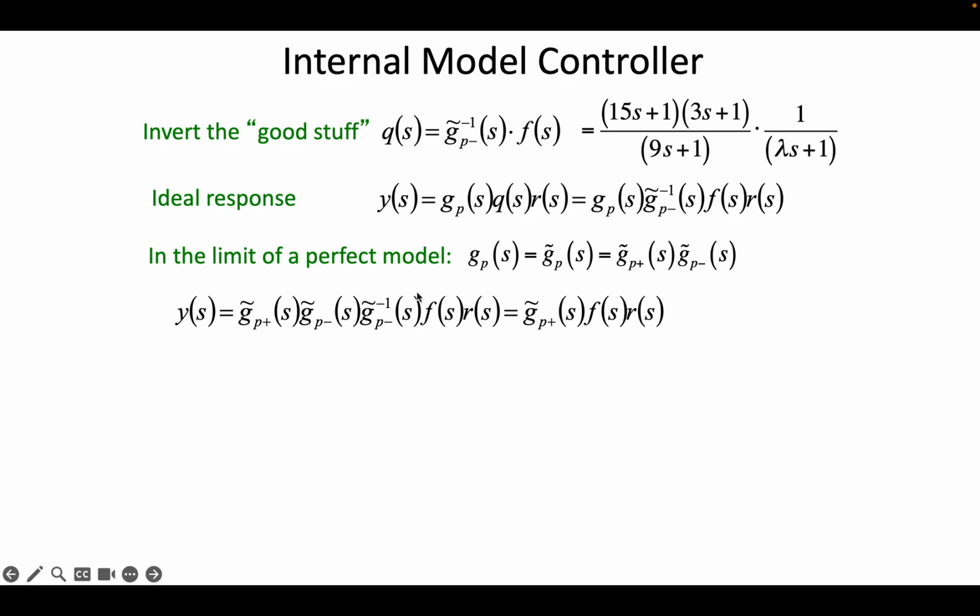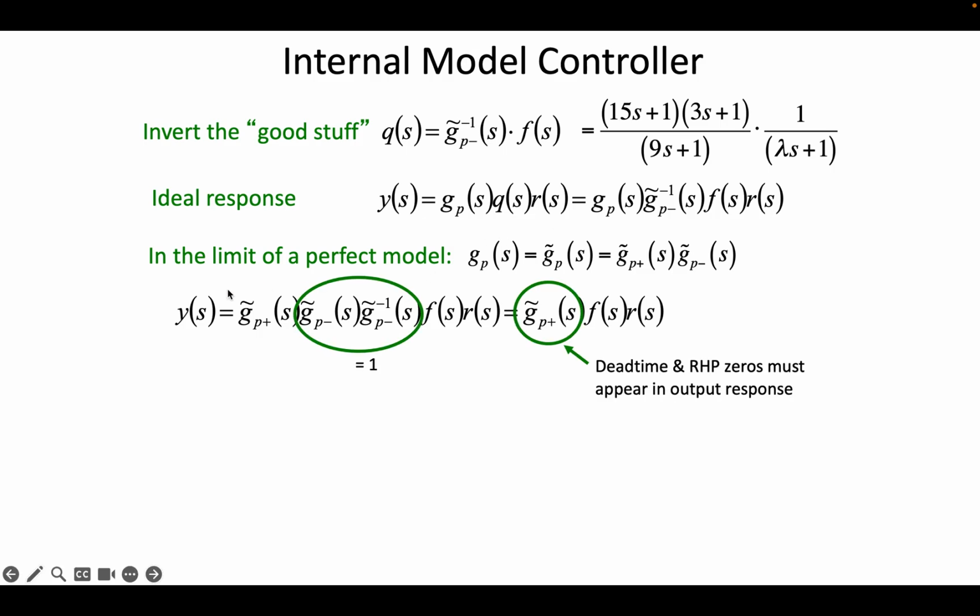All right, and then so one key is when you do that, what you notice is if you break this transfer function into the bad stuff and the good stuff and assume the limit of a perfect model, then what you get is this expression shown here. And the key is the inverse of the good stuff times the good stuff.